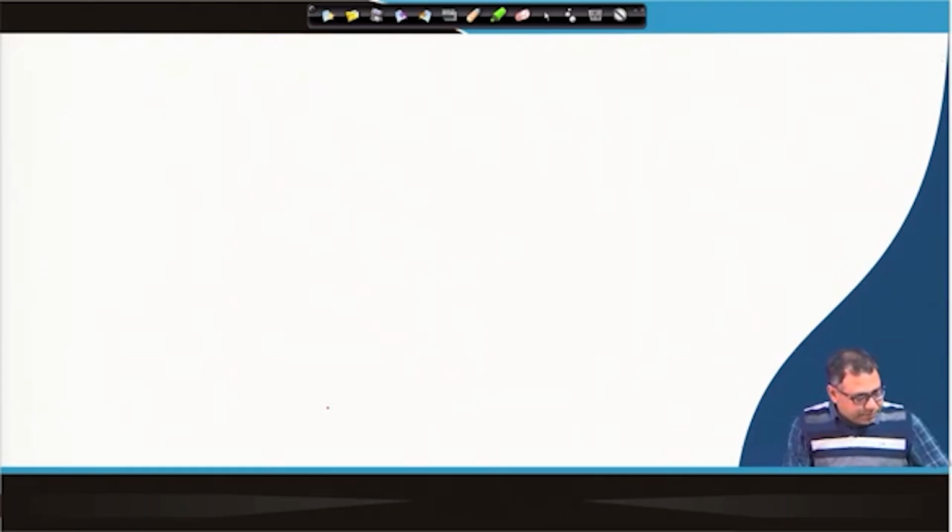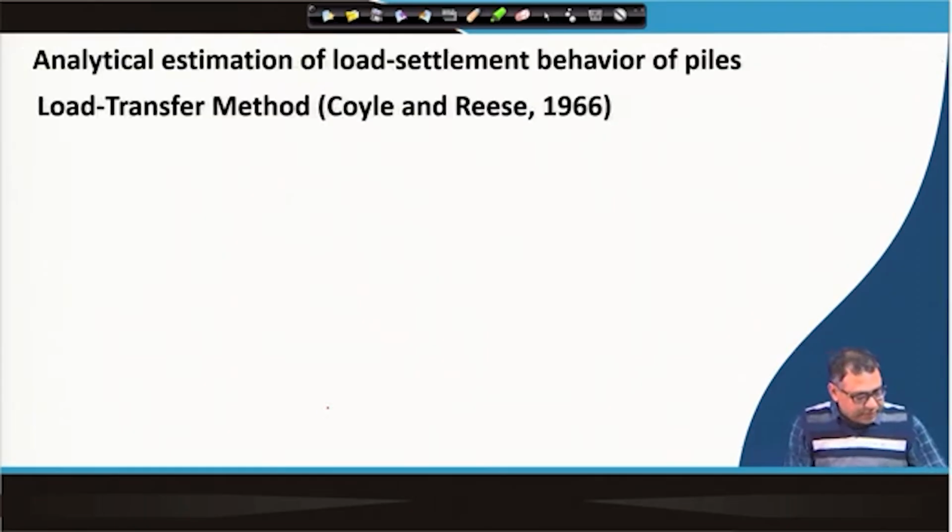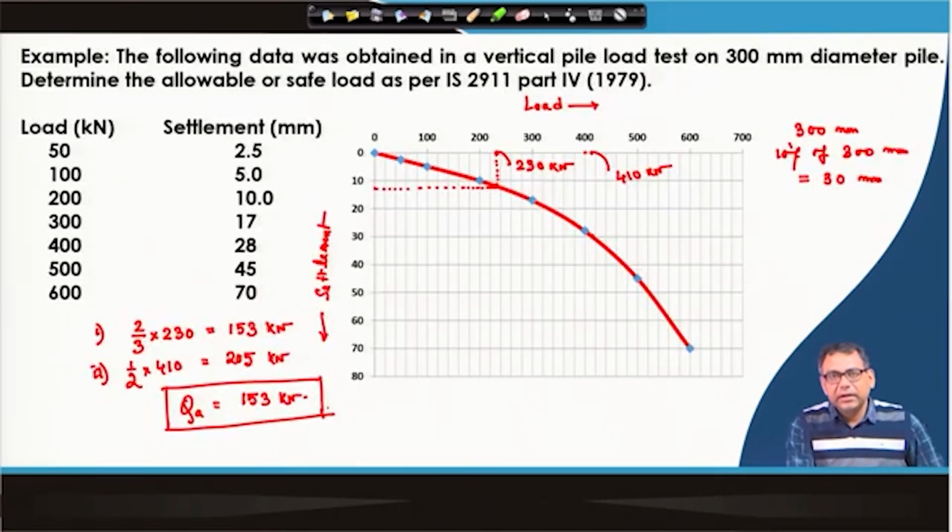The next topic that I will discuss in detail is how analytically we can estimate the load settlement behavior of piles. In the previous problem, the load settlement curve was generated based on the pile load test.